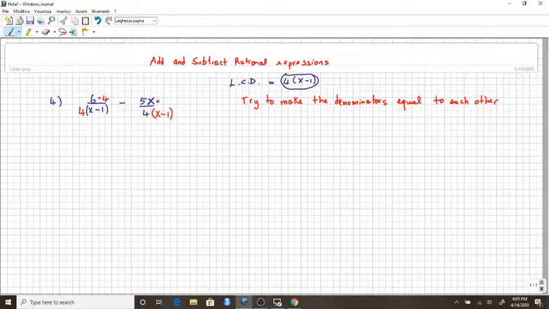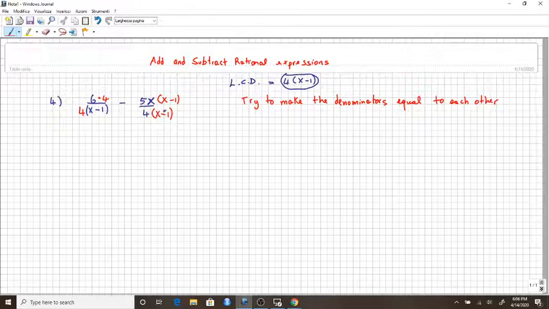And the same here on the right hand side. I have 5x divided by 4. If I decide to multiply the 4 by x minus 1, then I need to multiply the numerator by x minus 1 too, because in theory these two can simplify and I come back to 5x over 4.